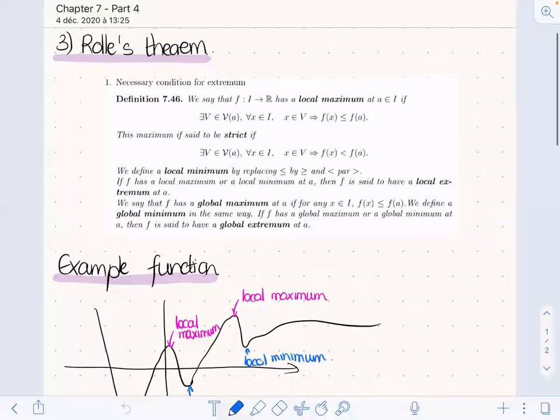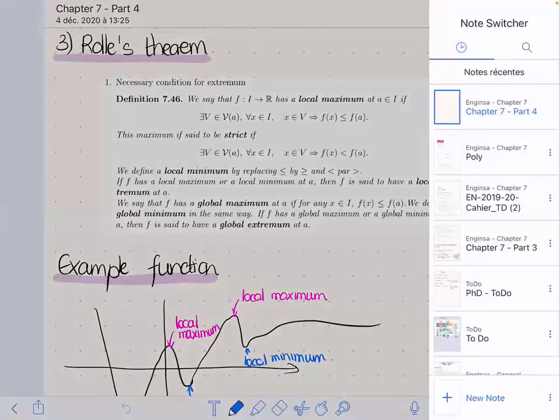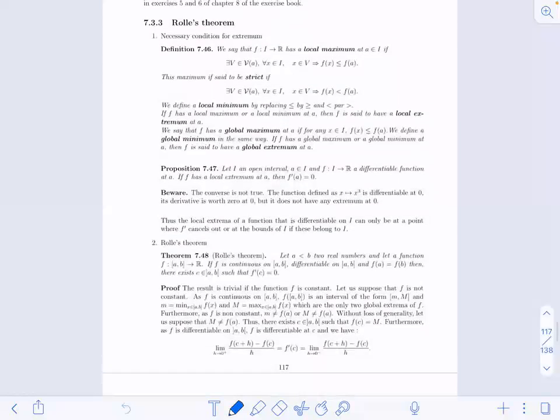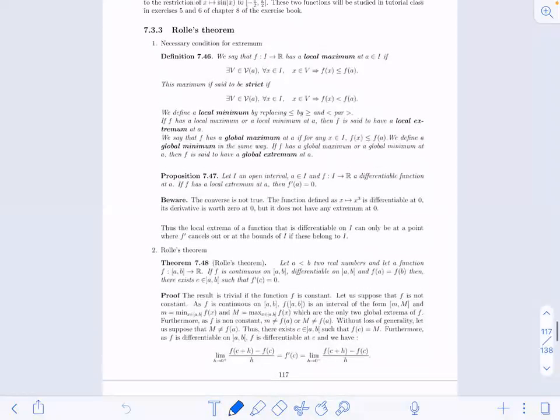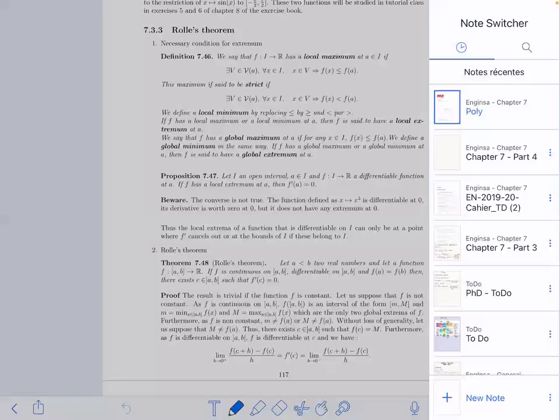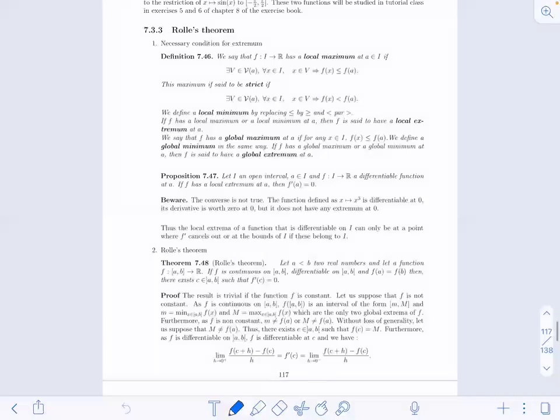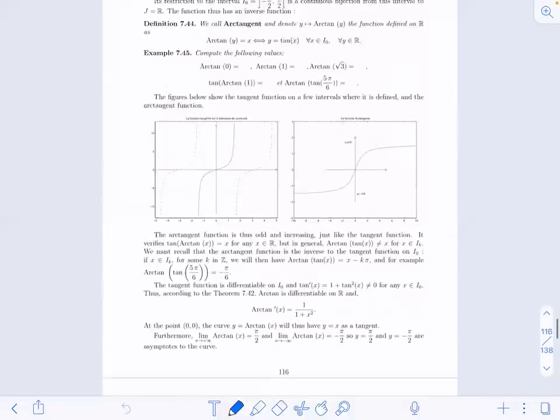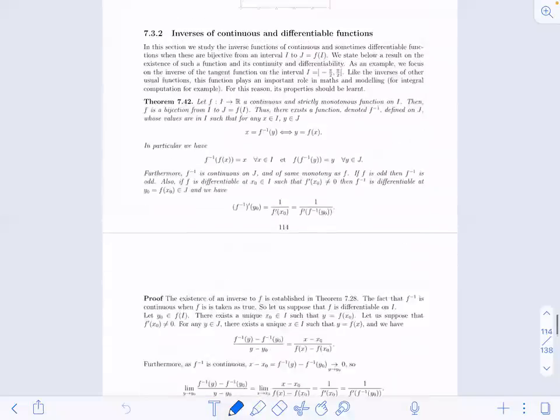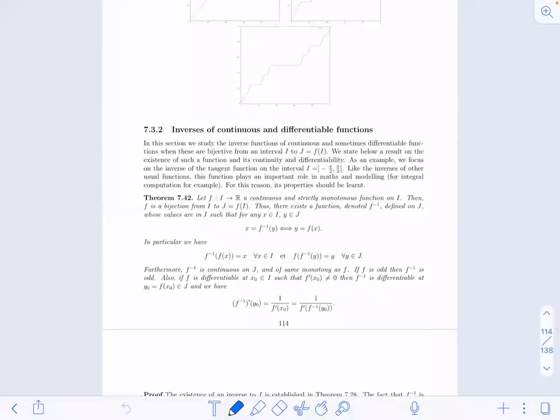Okay, so I'm on basically page 100. No, actually I'm not, because I've got a different numbering system now. Wait a minute. I'm on page 117 basically of the notes, and continuing on things related to differentiability. What we've seen so far related to differentiability is how to inverse a function.